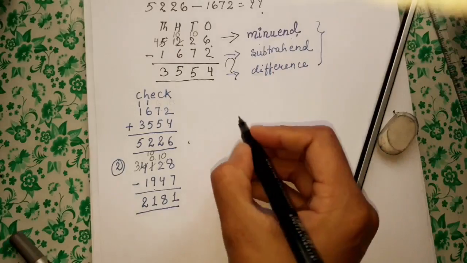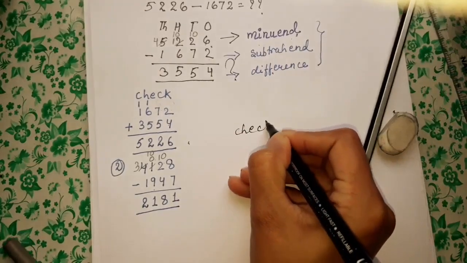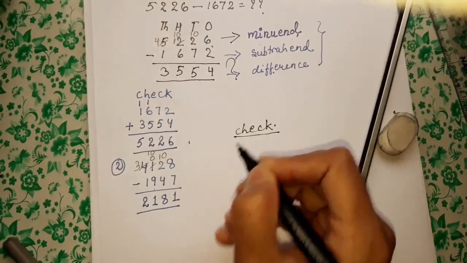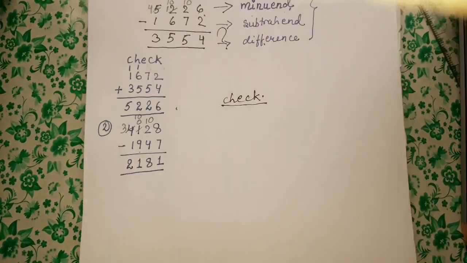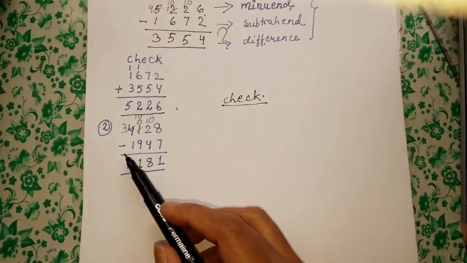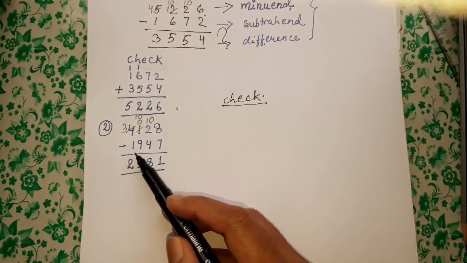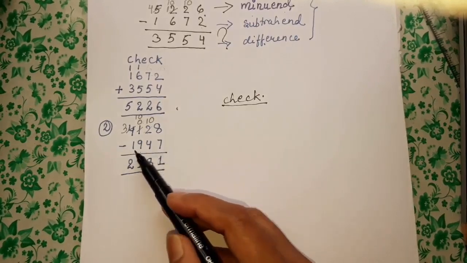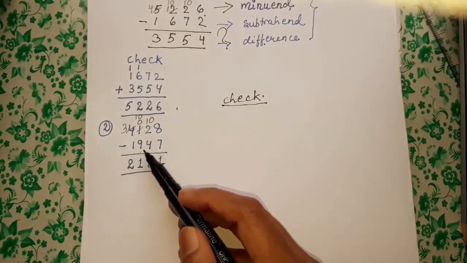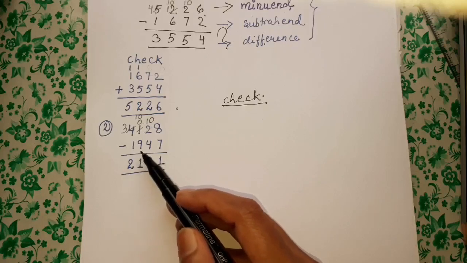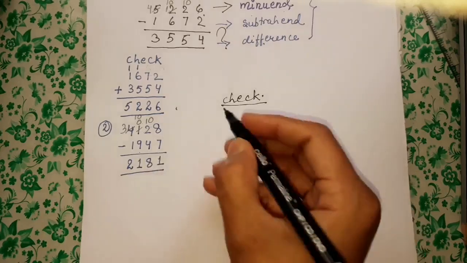Let's check our answer. For checking our answer, what do we have to do? Let's first check. For that, you have to take your subtrahend. Here we have 1947 as subtrahend.